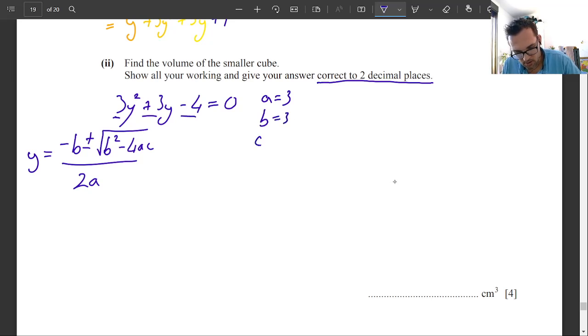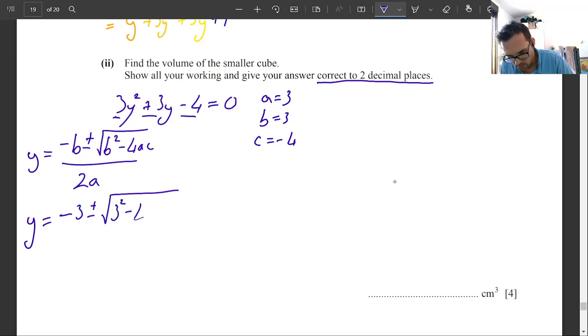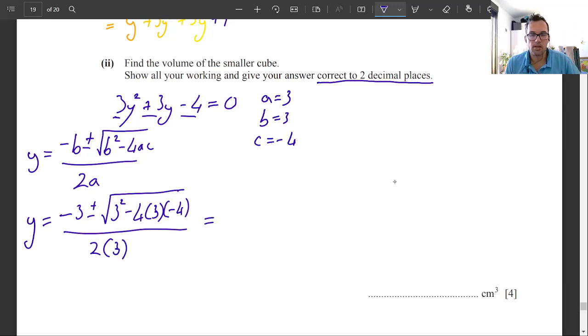And c is minus 4. Let's substitute in those values. So minus b is minus 3, a is 3, c is negative 4, and a is 3.